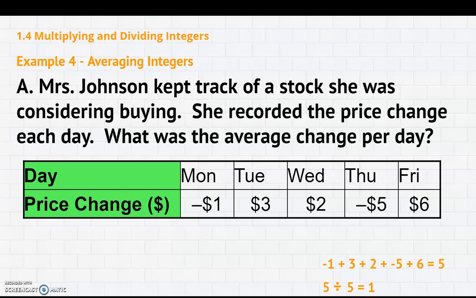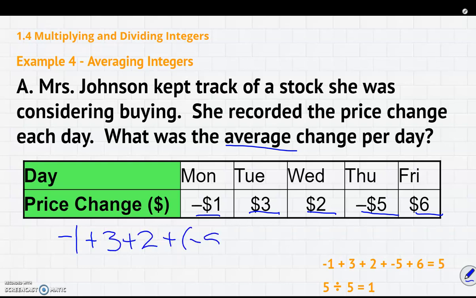So on Monday, it dropped $1. Tuesday rose 3. Wednesday rose $2. Thursday dropped $5. Friday rose $6. We want to know what the average change was over those 5 days. So in order to find the average, you add up each of the points in your data set. So -1 plus 3 plus 2 plus -5 plus 6.